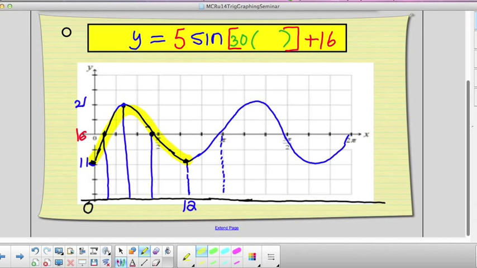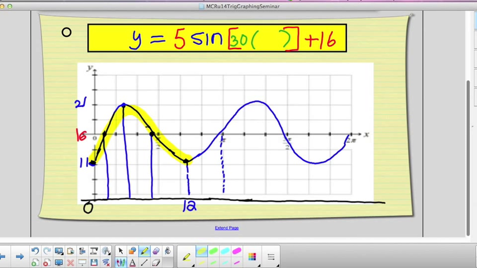How many parts have I divided that full cycle into? So this is 1, 2, 3, 4. 4 key parts for the sine function, because we go from our minimum to our axis of symmetry to our maximum, back to the axis of symmetry, back to the minimum.